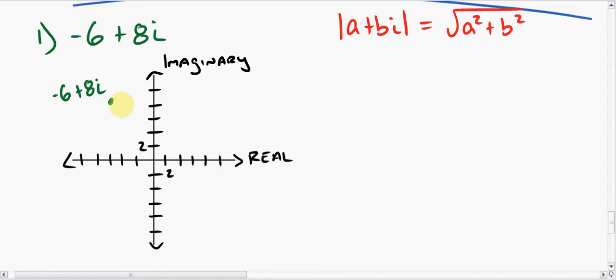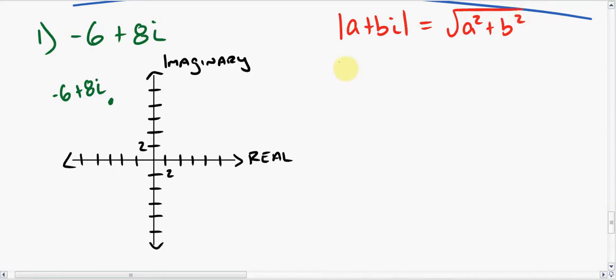Next, we want to take the absolute value of the complex number, and that's what I have over here. We have the absolute value of the complex number a plus bi. And to find the absolute value, you simply square a and you square b, add them together, and lastly take the square root.